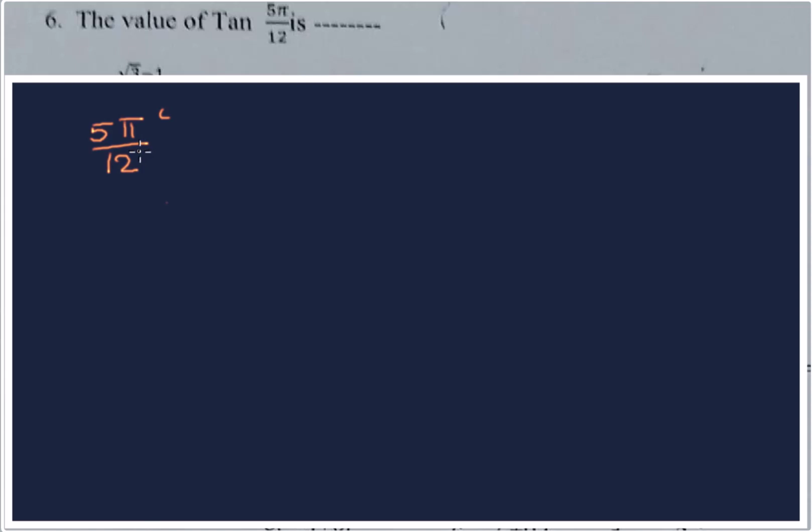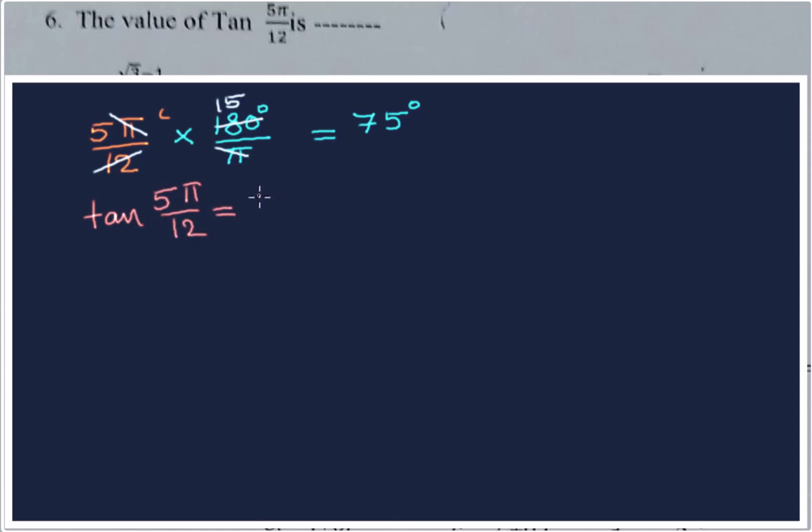So 5 pi by 12 radians is equal to 5 pi by 12 into 180 by pi. That is equal to 75 degrees. Taking the tan function on this angle, tan 5 pi by 12 is equivalent to tan of 75 degrees.